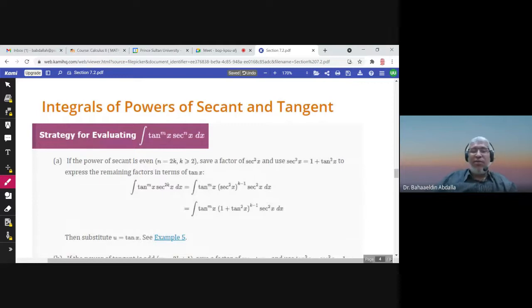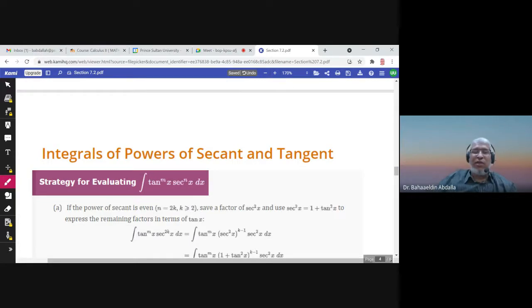Now, what about powers of secant and tangent? We know that sine square plus cosine square equals 1. We have seen that. Now, if you divide all the 3 terms by cosine square, what would you get?